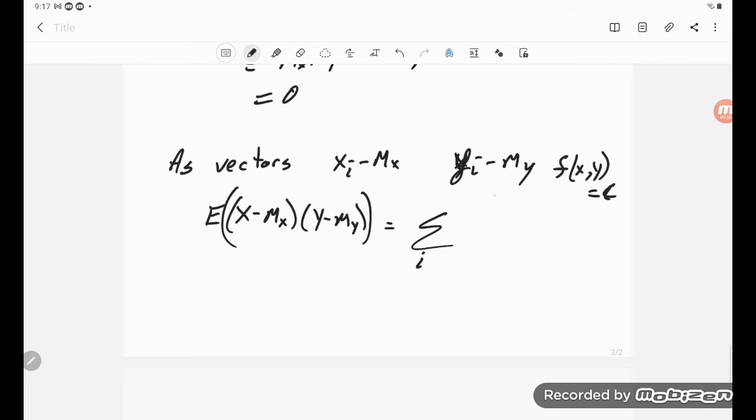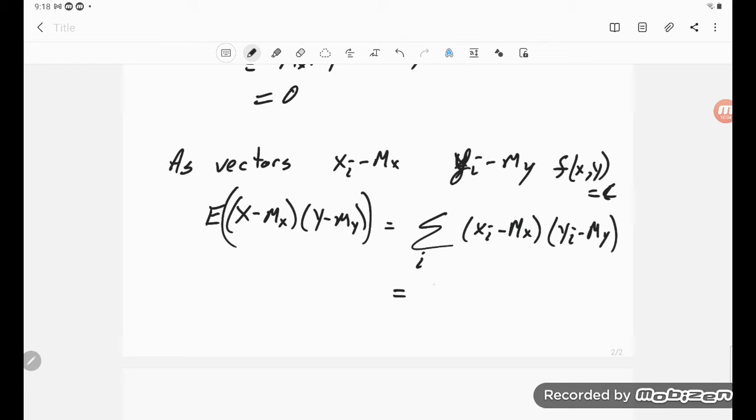In this case, we'll assume that the two sets of data, or the two distributions, have the same number in them, and so we're taking the sum of the xi minus mx times yi minus my.